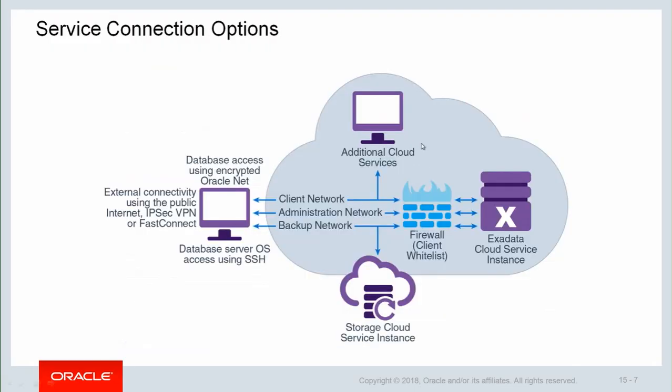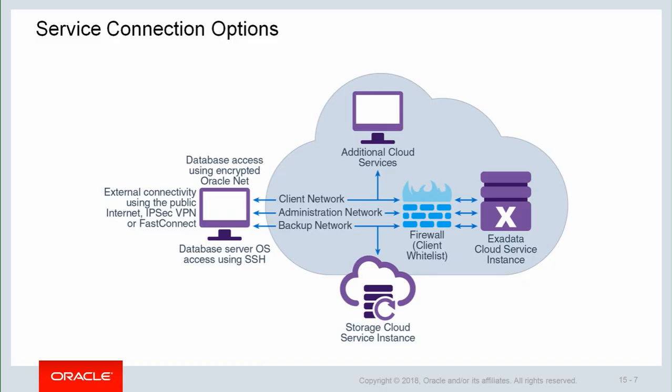How do you connect to ExaData Cloud Service? You can connect through different networks. You can use a client network, where clients access ExaData Cloud Service using Oracle Net Services. As administrators, we can also use an admin network to connect using SSH and manage the software components.